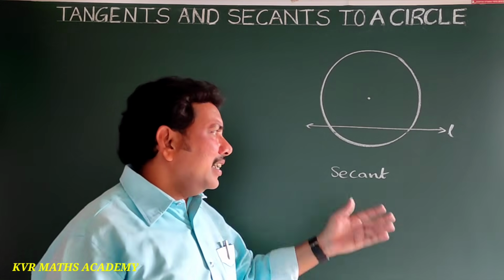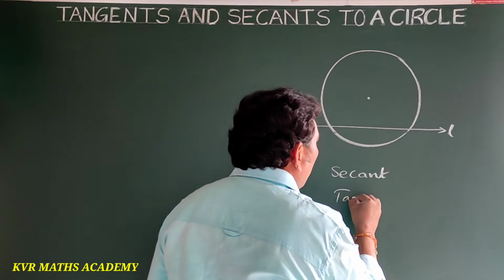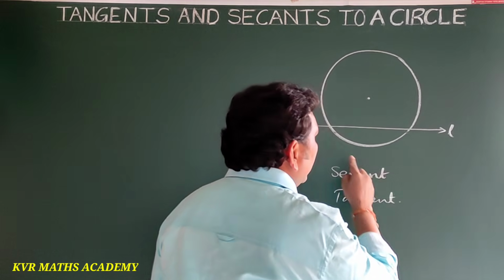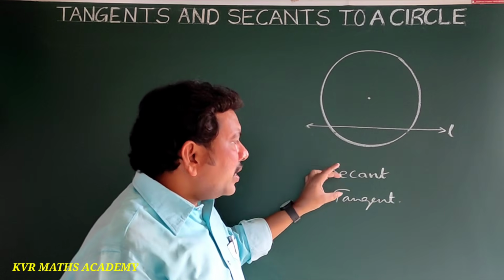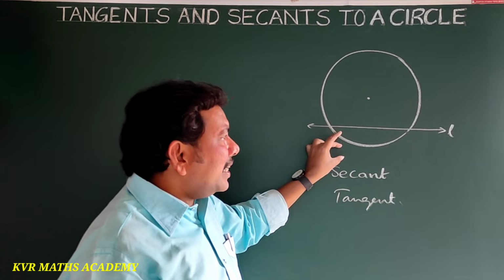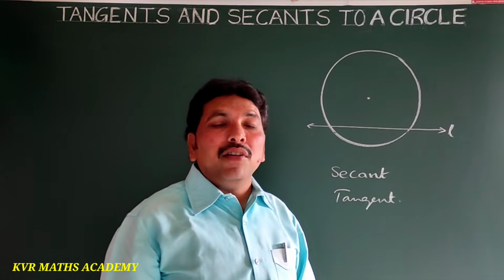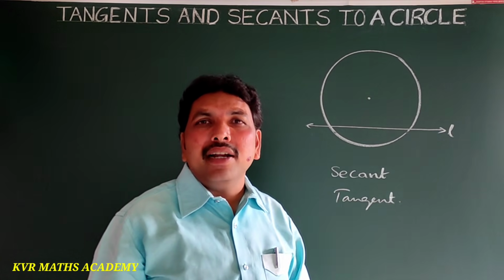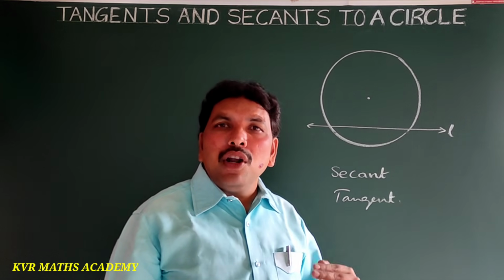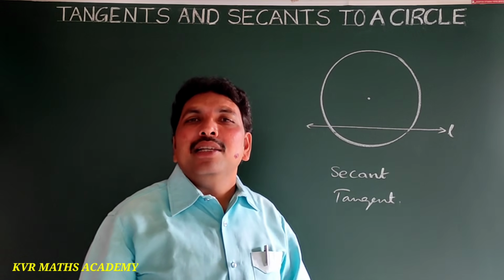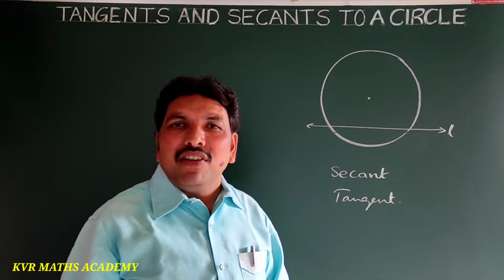Understood? Next, tangent. What is a tangent? Here, a secant touches at two distinct points, so a tangent touches only one point, one and only one point on the circle. A line which touches one and only one point on the circle is called a tangent of a circle.